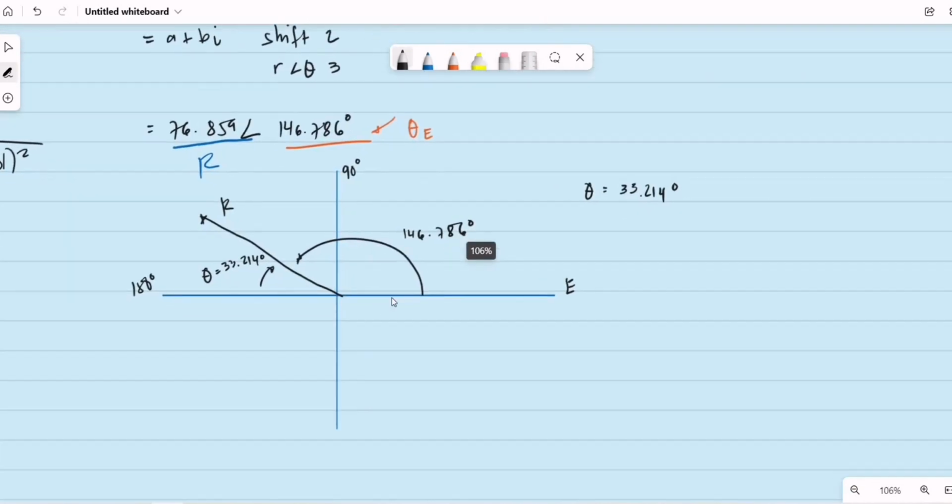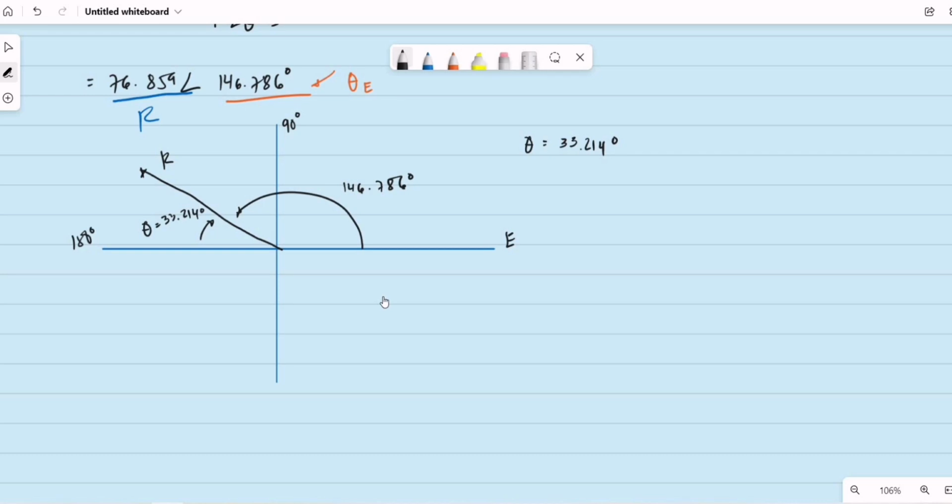But again, that is the direction of the resultant. And the required for this problem is the direction of the equilibriant, which is acting directly opposite of the resultant, with the same magnitude of 76.859 meters. And this angle is also equal to 33.214 degrees.